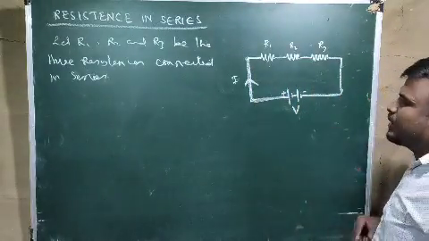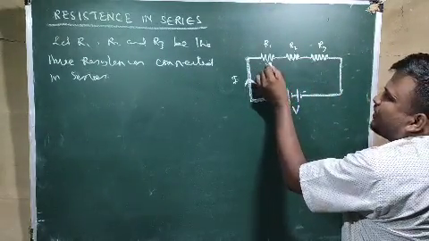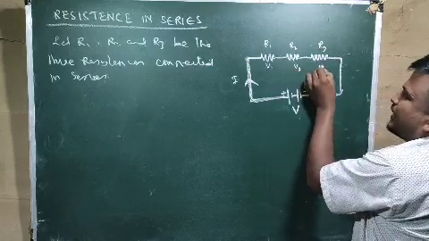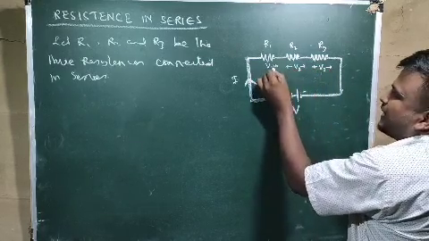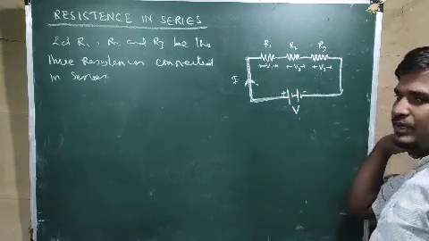So if the total potential is V, here the potential drop is V1, here the potential drop is V2, and here the potential drop is V3. So across the three resistors, the potential differences are V1, V2 and V3.